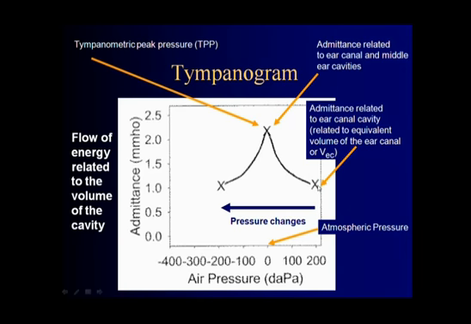This is the flow of energy. This also represents admittance related to the ear canal only, because we're stiffening up the middle ear. It does not represent the admittance when conditions are normal, or when the pressure is at 0 decapascals.